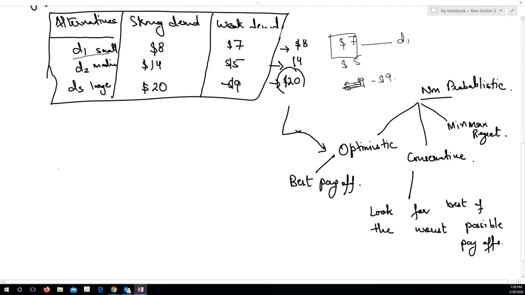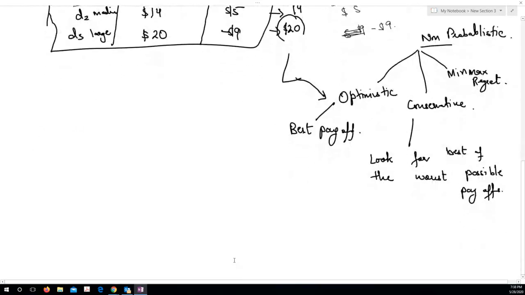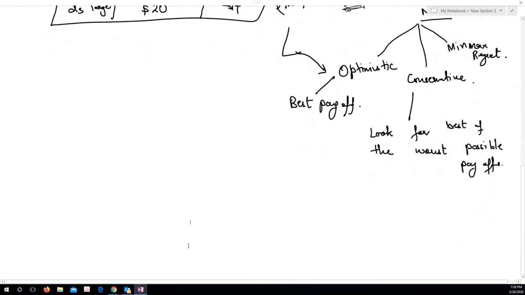Then comes the minimax regret, or we can say opportunity loss. It's actually minimax regret. It's about how much opportunity loss there will be if you haven't chosen the right thing.